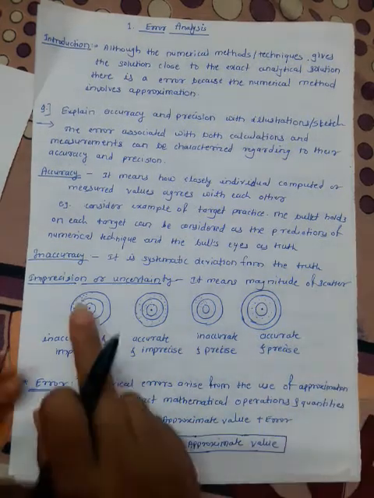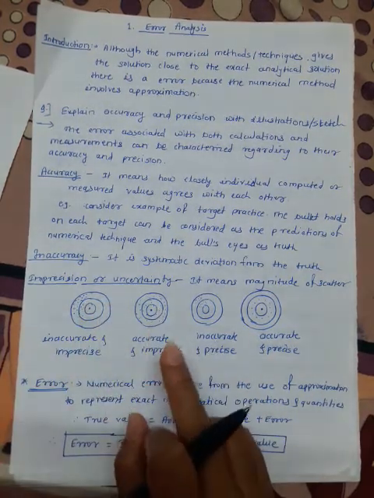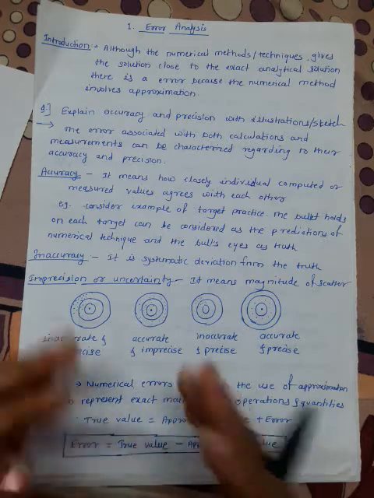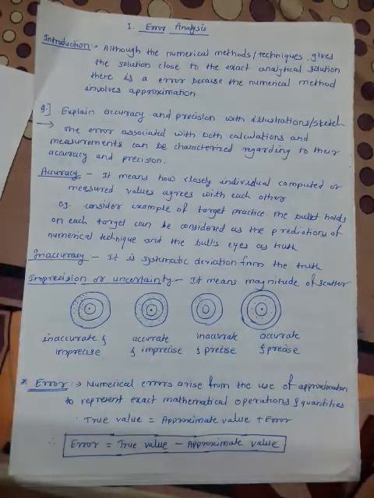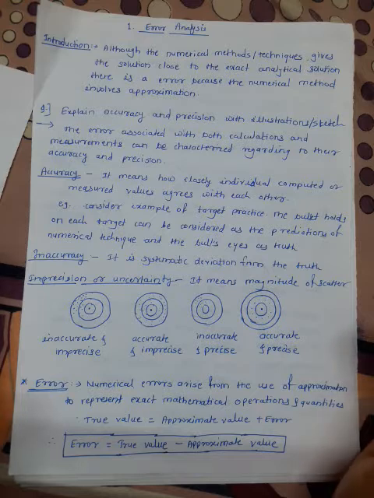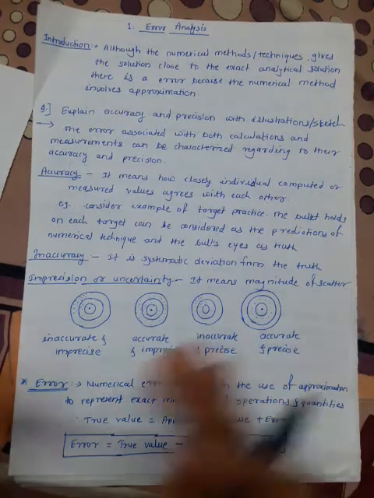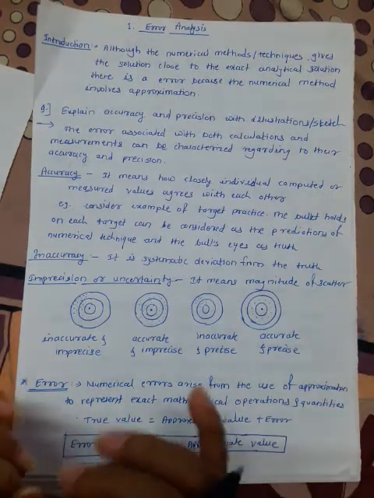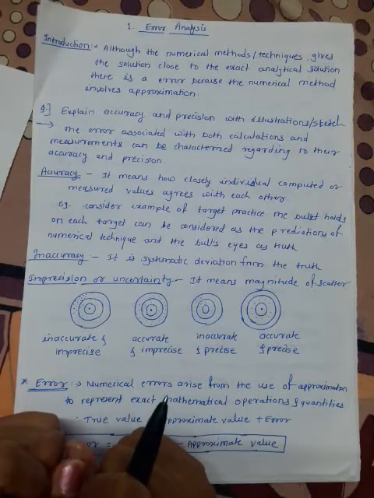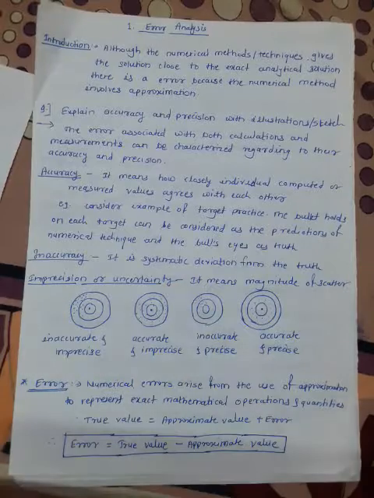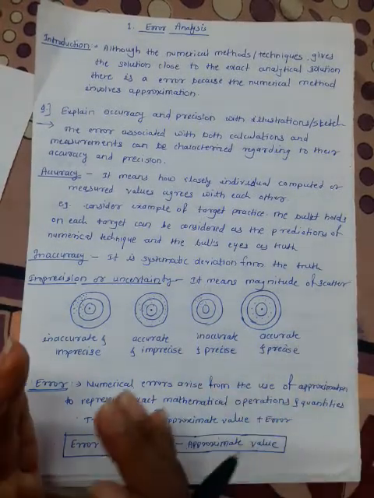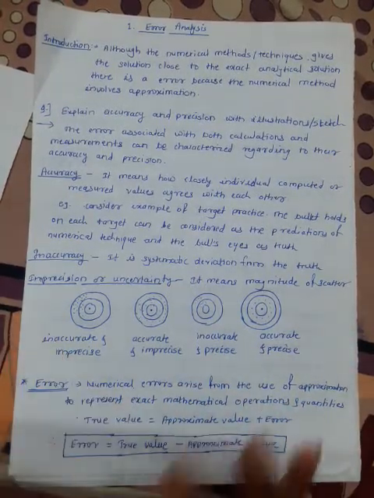Now imprecision, or uncertainty, means the magnitude of scatter, how much scatter there is, the density of hitting the target. That means the scatteredness of the points, and the more scattered the points, the less the precision, or uncertainty.